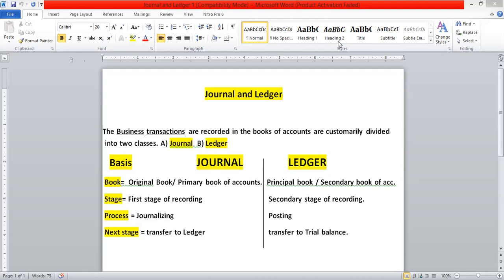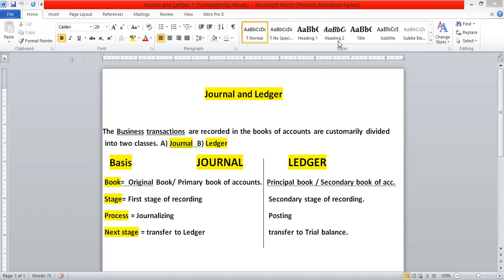Now you can see the term here, it is written business transactions. What do you mean by that? Business transactions means that a transaction is held between two parties or more than two parties. For example, a transaction happens between the consumer and the producer. Here the producer wants to sell his goods and the consumer wants to purchase the goods from the producer.